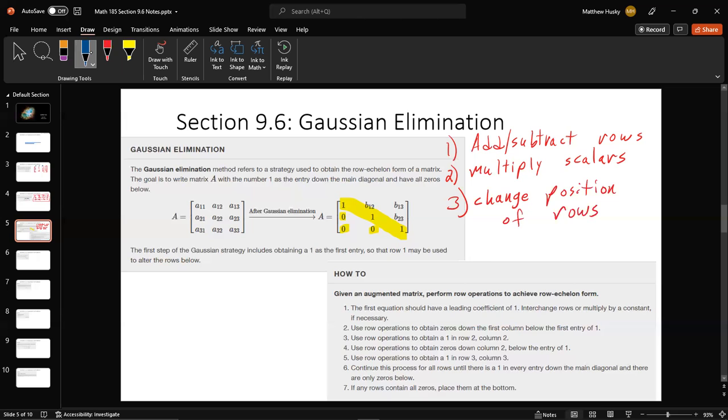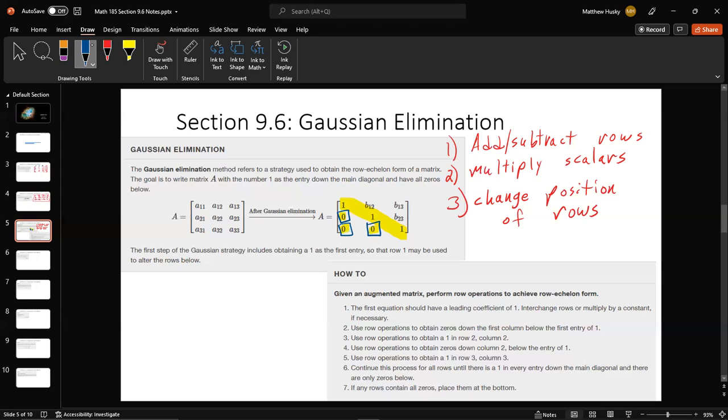So what we're going to want to do is turn this into a zero, then this, and then this.